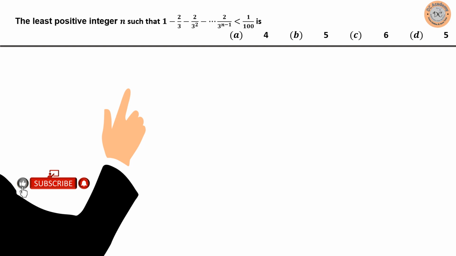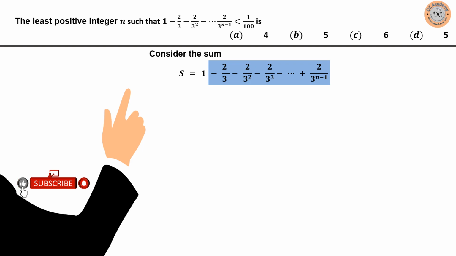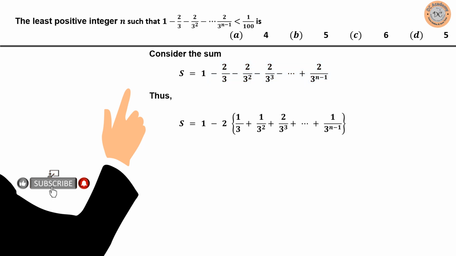We take that series. S is equal to whatever is given as a series. Now here if we observe, from the second term onwards, 2 is a common term. So we are allowed to take 2 common. If we take the number 2 common from this series, we can easily rewrite it as 2 multiplied by 1 by 3 plus 1 by 3 square and so on.